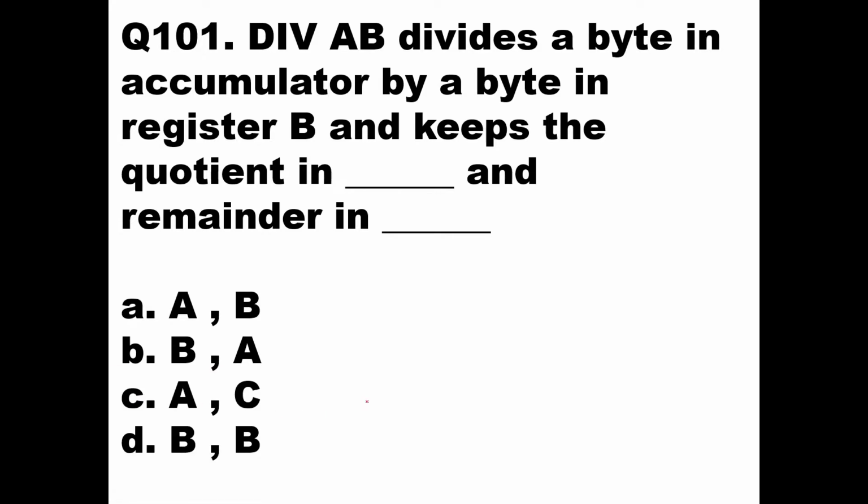So here, the instruction given is DIV A, B. Here A will be having the dividend and B will be having the divisor.